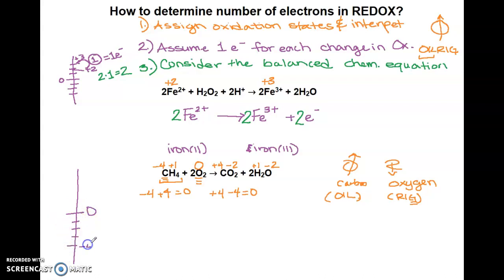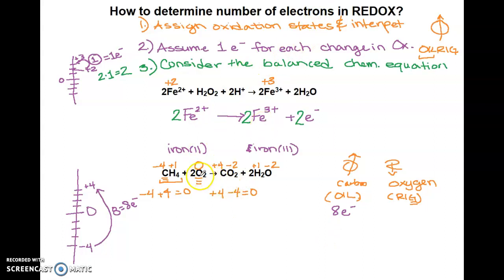Carbon is down here at -4, way down here, and it moves up here to +4, right there. Well, that's a movement of 8, and therefore that's 8 electrons. So carbon loses 8 total electrons in this oxidation.